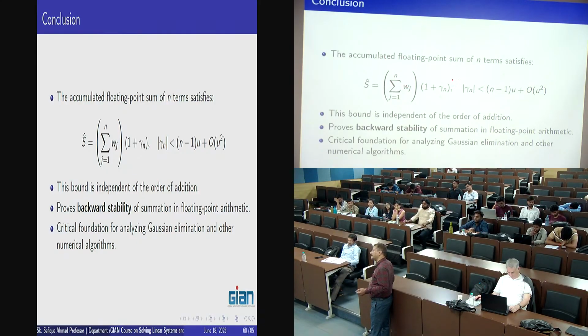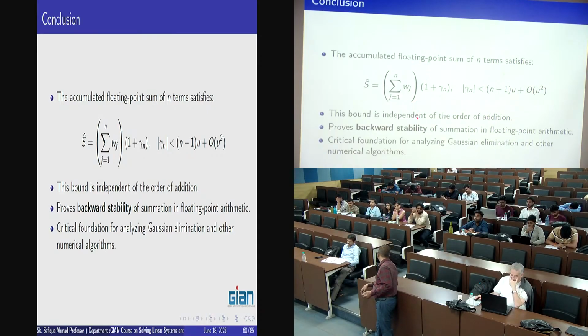So we have applied the induction hypothesis to prove that if you add n numbers, you get this number in the computer with this error. That means you know how much error you would be accumulating when calculating the sum of these n numbers with floating point arithmetic.